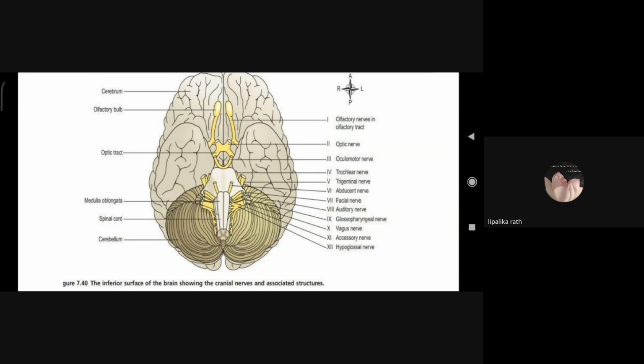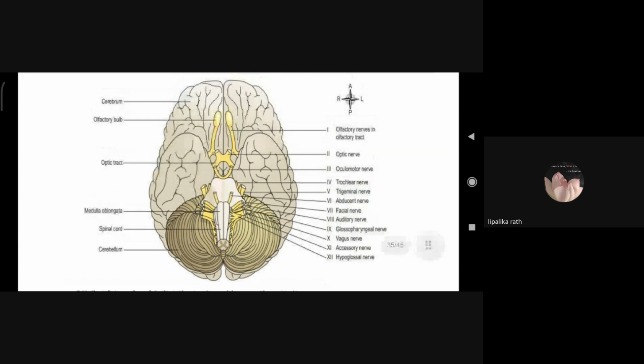So the optic nerve is sensory, but the oculomotor is a motor nerve. The optic nerve senses the visual sight and sends information to the brain, but the oculomotor receives signals from the brain and performs the motor functions of the eye.